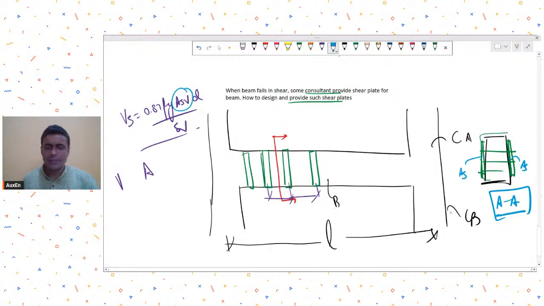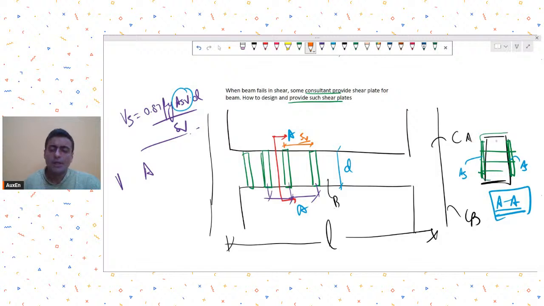I hope you understand this. This is section AA. So A_sv was this, d was the effective depth of this beam, and s_v was the center-to-center spacing we were going to provide between these stirrups, not shear plates.